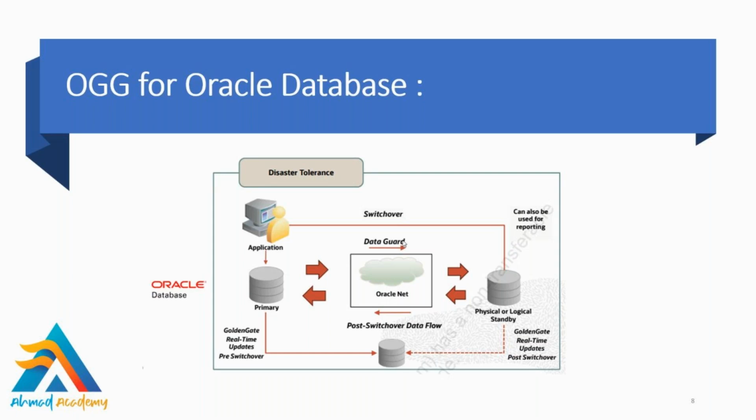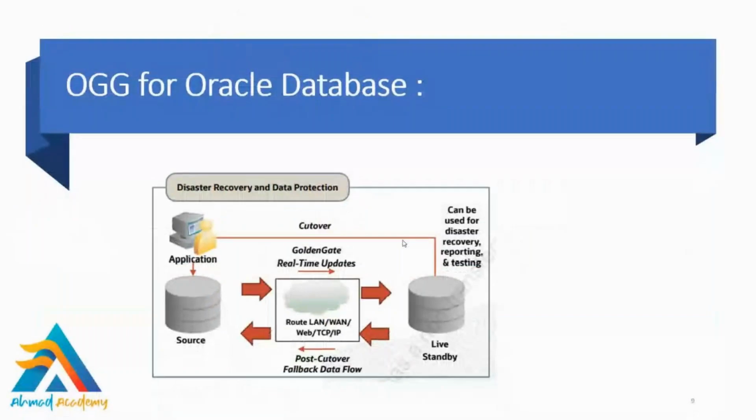Okay, and also we have zero downtime with live standby. So suppose for disaster recovery, Oracle GoldenGate can support a live standby database system also. So Oracle GoldenGate keeps a live standby database system in sync continuously to enable immediate switchover to the standby system when needed.